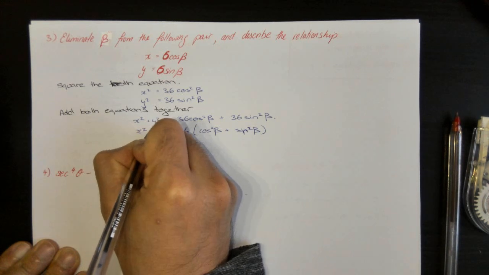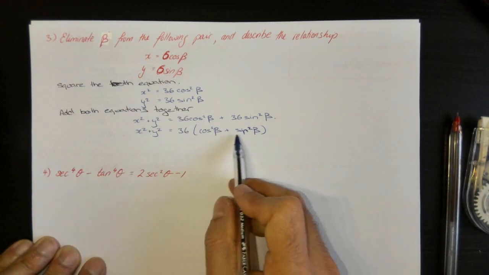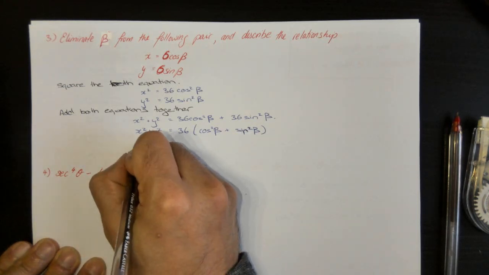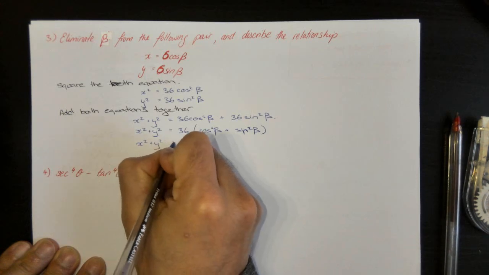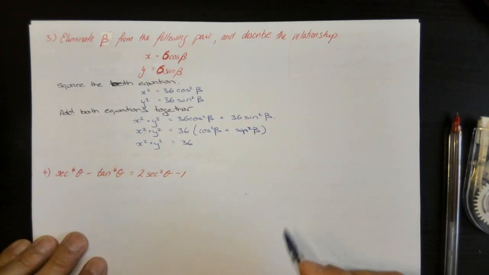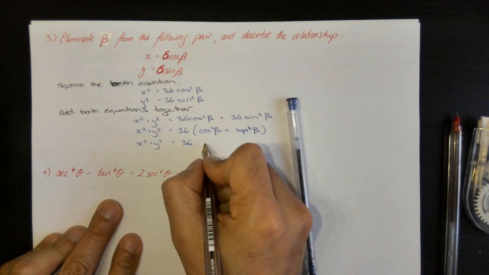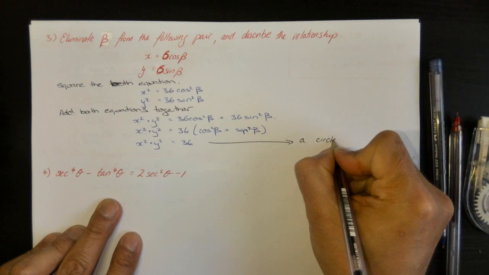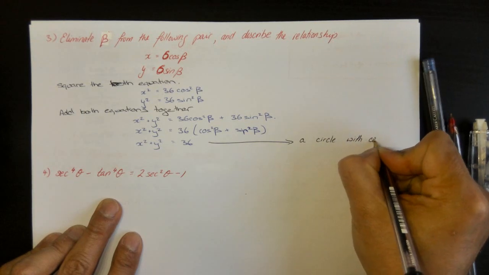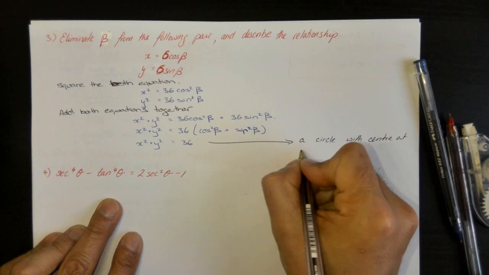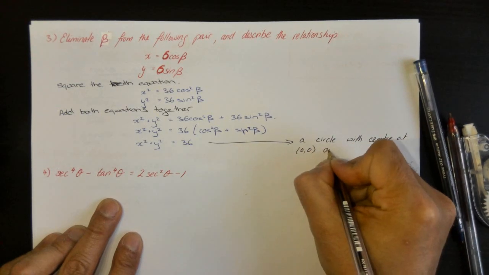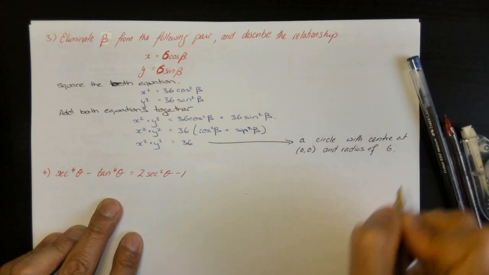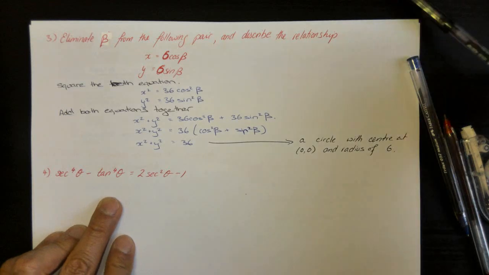That's still x squared plus y squared. Well, cos squared beta plus sine squared beta is just 1. So 1 times 36 is just 36. And now, like what we did from the start, this is just a circle with center at 0, 0 and a radius of 6.